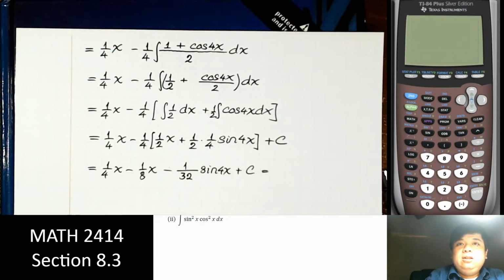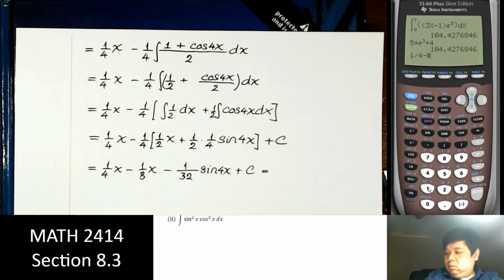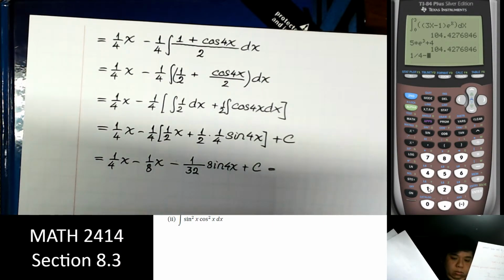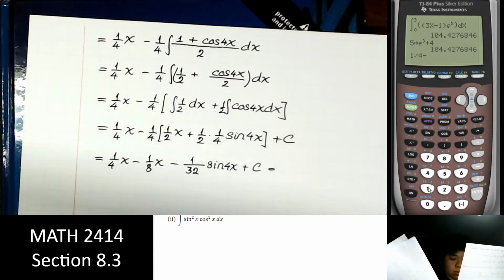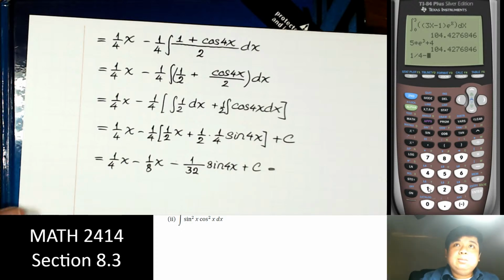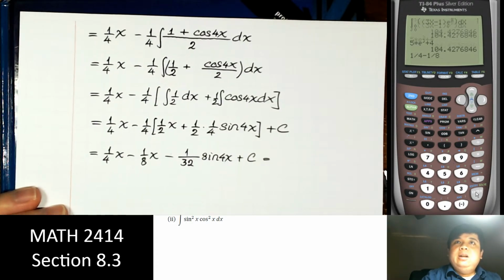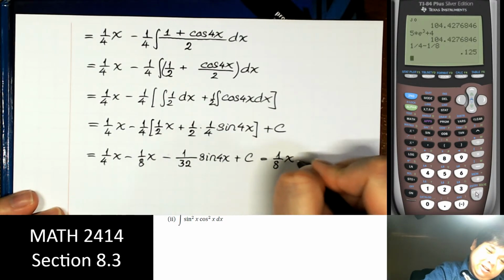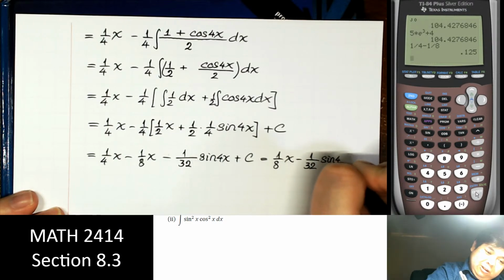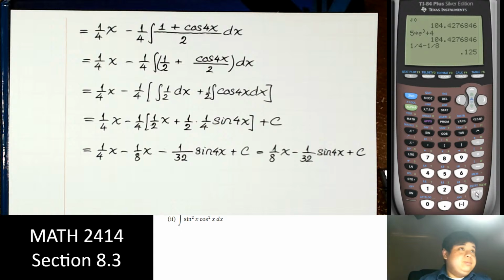One-fourth minus 1/8 is 1/8. And that's what we have. Right. Next.